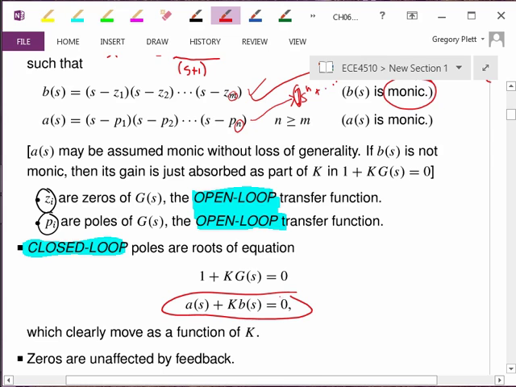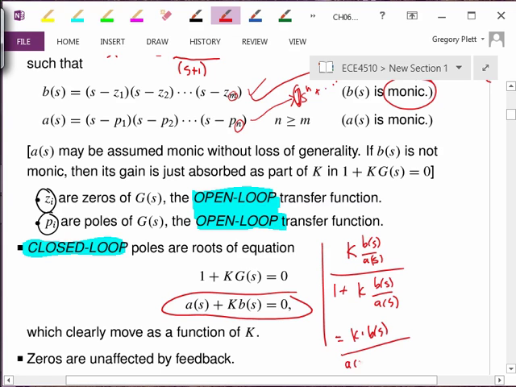If you look at the transfer function, I've got k times b of s over a of s divided by 1 plus k times b of s over a of s. That's my closed loop transfer function. Multiply top and bottom by a, and that equals k times b of s over a of s plus k times b of s. So the closed loop poles are the roots of the denominator, which have a k in them.